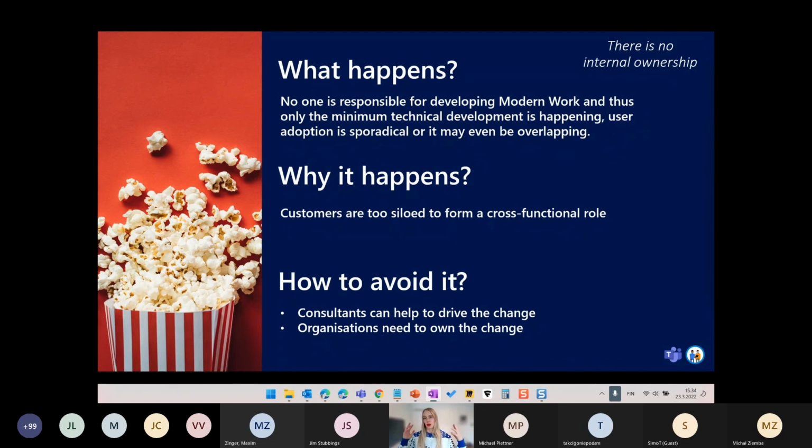It's very difficult to really do any user adoption and to really change the organization, because that's what we are doing here, if we don't have that internal ownership. And if you are a consultant, by all means support your organization and help it to drive the change in any way you can, but you cannot be the owner. You have to let it go.